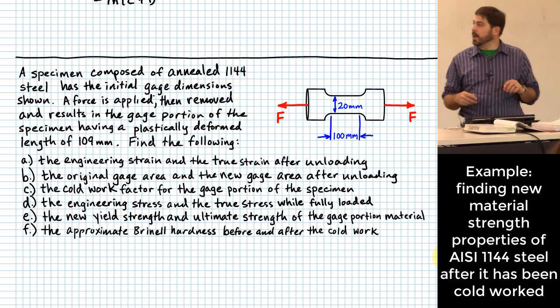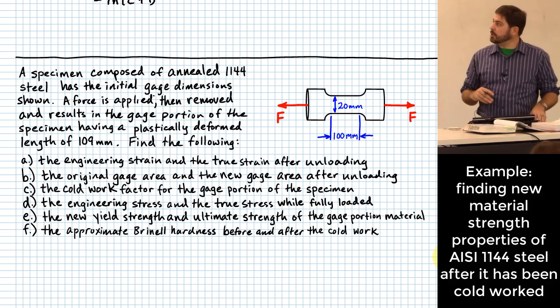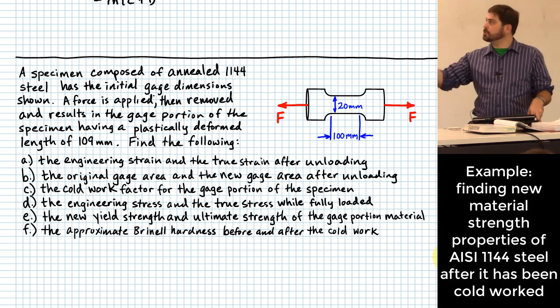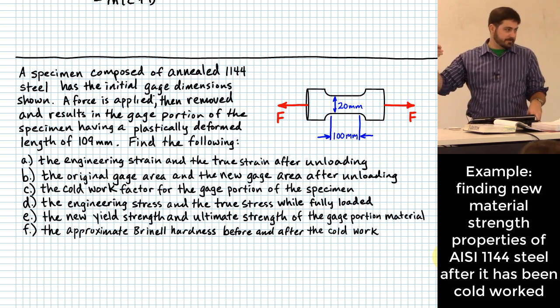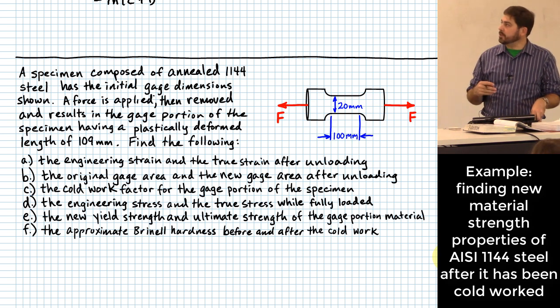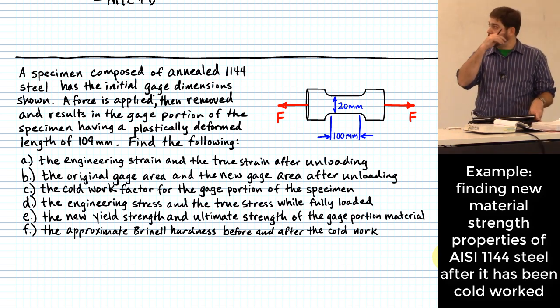And what we're going to do is find all of this stuff. Part A, the engineering strain and the true strain after unloading. Part B, the original gauge area and the new gauge area after unloading. The cold work factor, we're going to look at that here in just a second, what that is, for the gauge portion of the specimen.